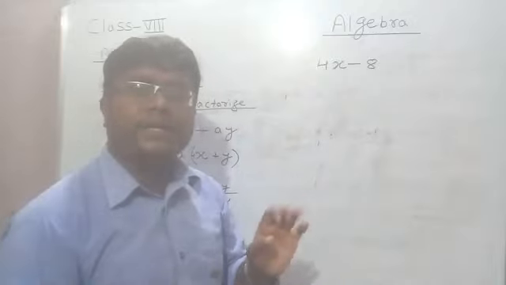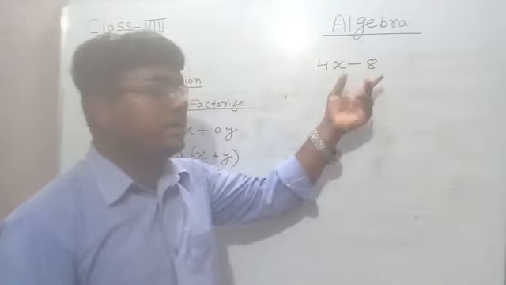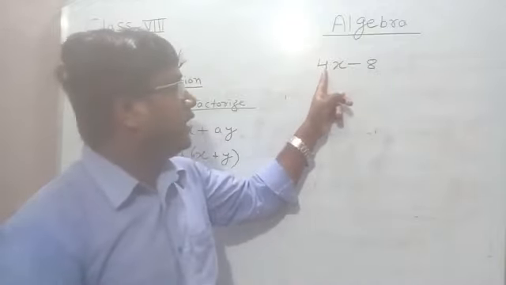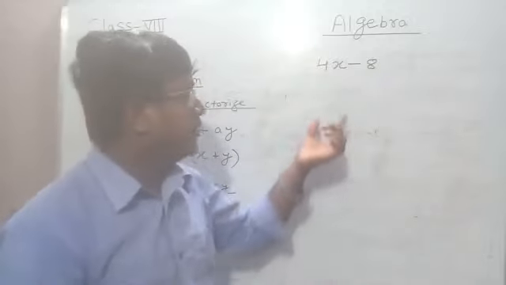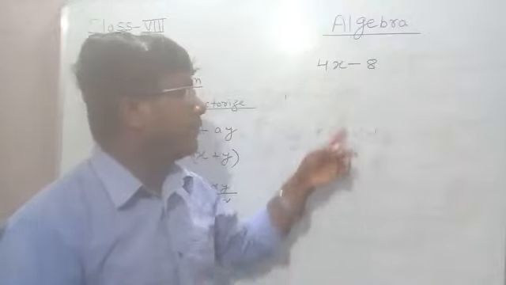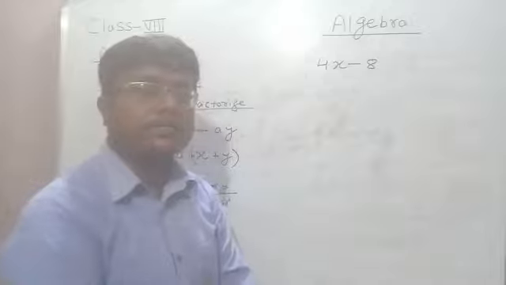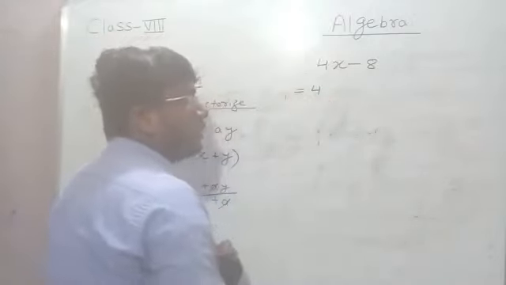Means we need to find the HCF of 4 and 8. Because these are small numbers, we can easily say that it is 4, because 8 comes in the table of 4. So we can take 4 as common.